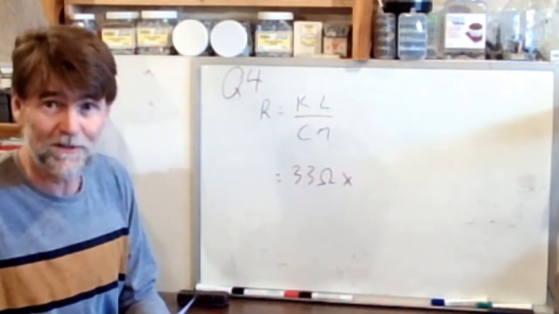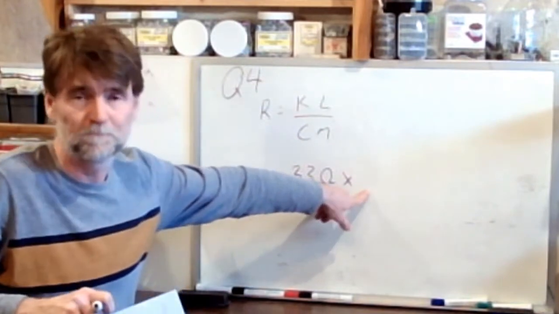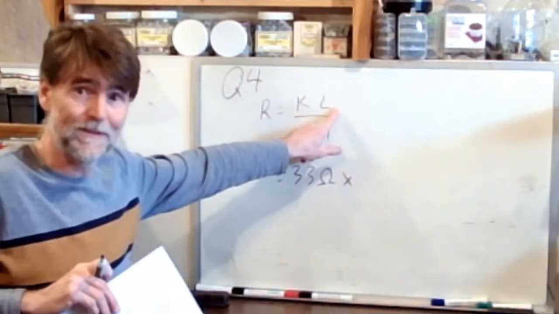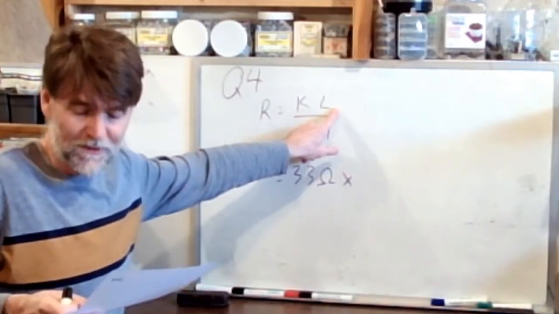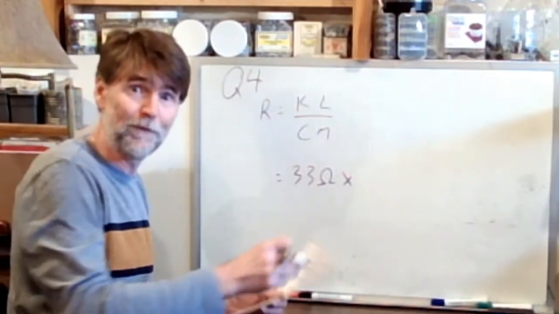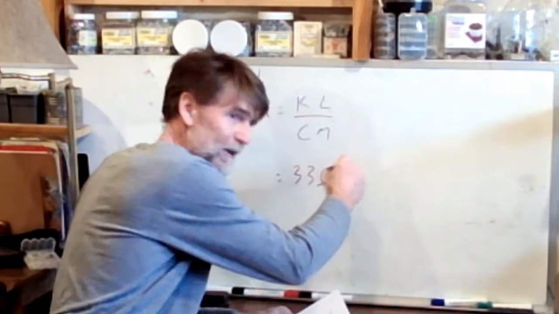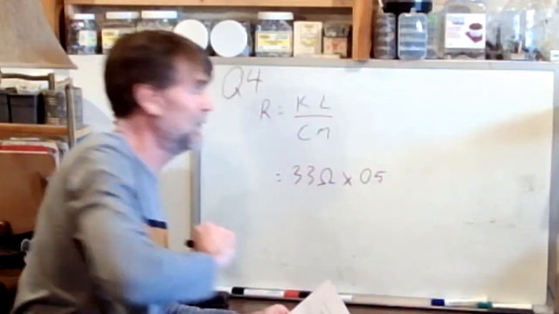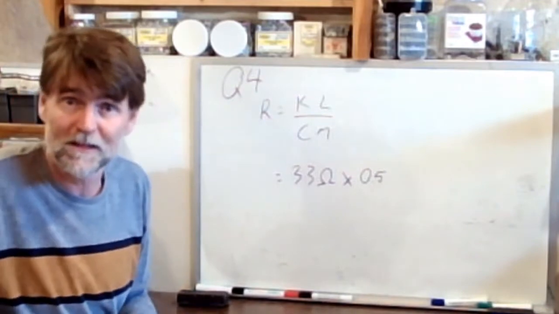Well, it's 6 inches. So can I just put a 6 there? No, because that's 6 inches. Remember, L is in feet. So 6 inches is how much of a foot? It's half a foot, right? Sorry, it's 0.5. So 0.5 feet is the length of this conductor.